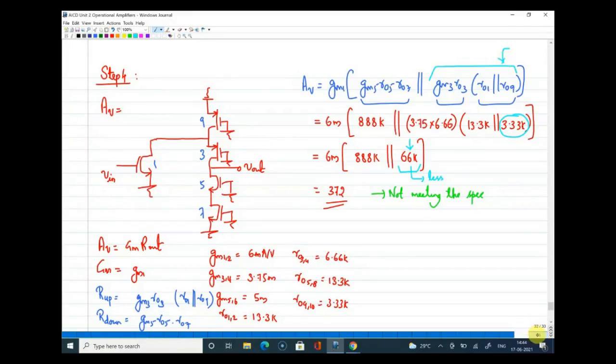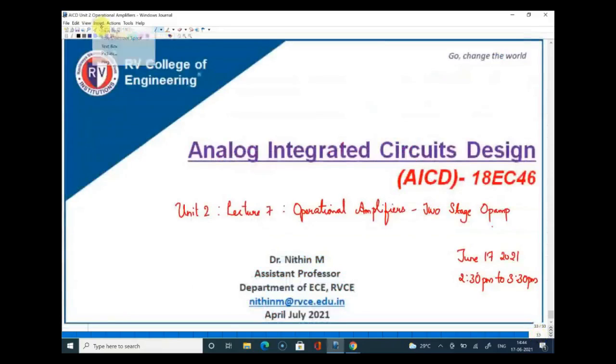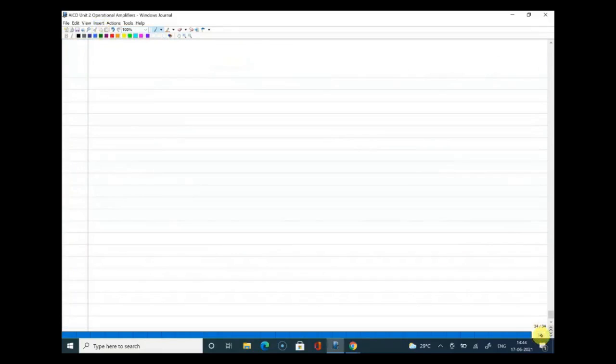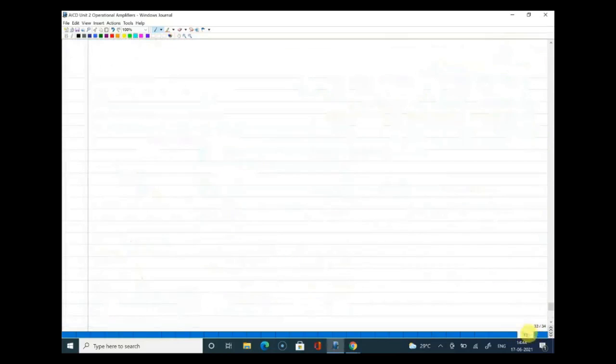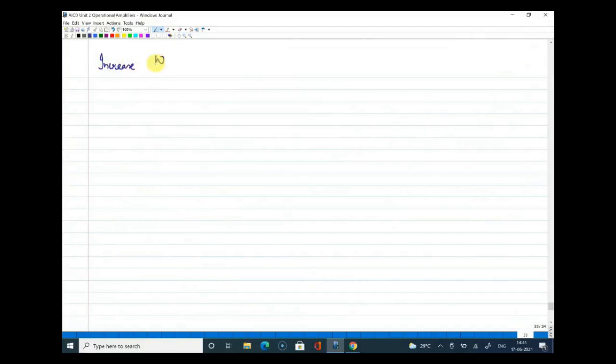So what is the automatic solution, how can we improve the output resistance? As we did the other day, the only option is to increase W by L of 9 and 10, because I cannot increase only length.